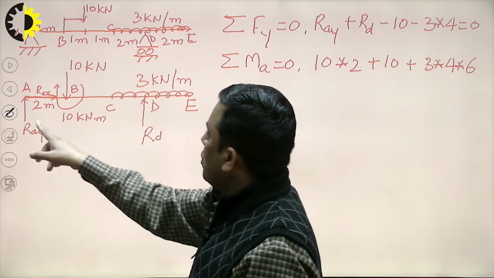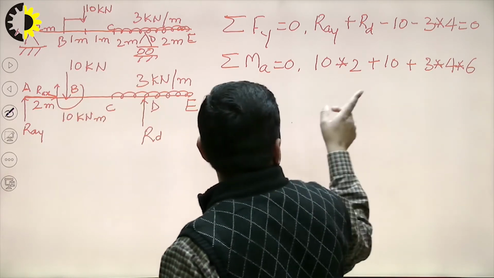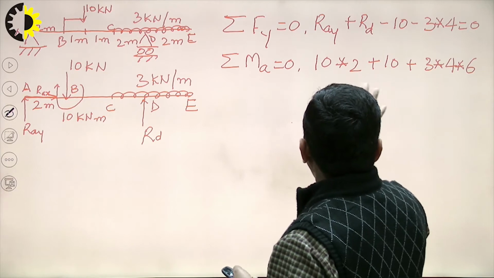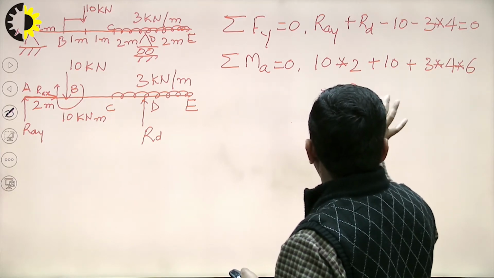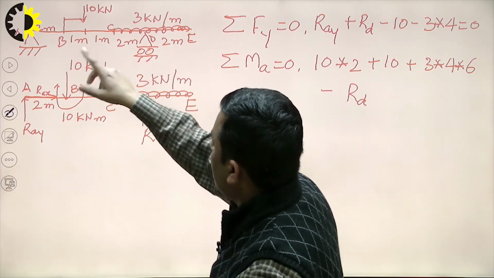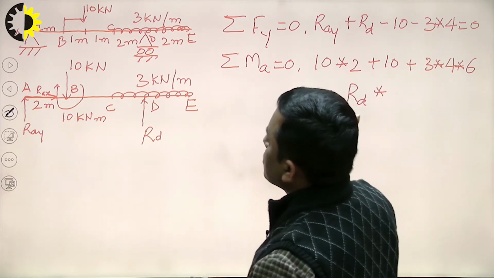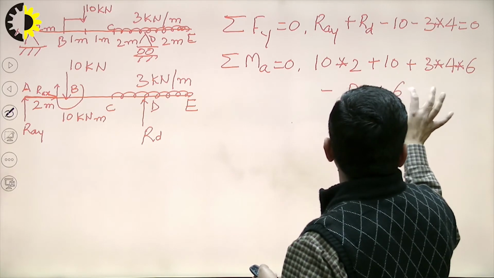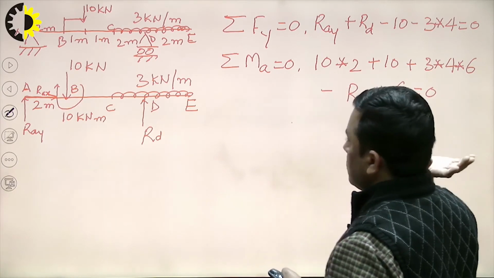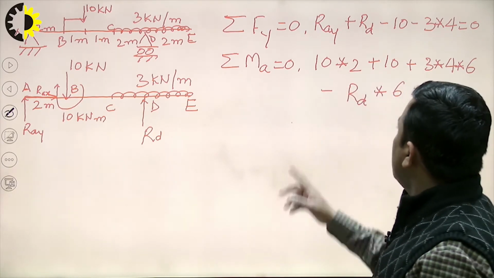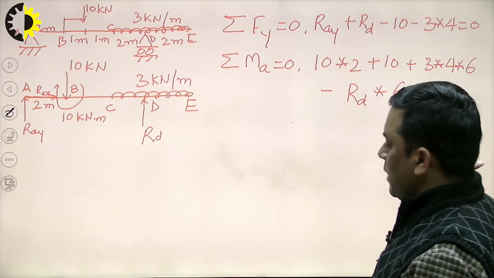The rotational tendency because of all these is the same, so positive is taken. Minus, another force is there, which is RD, which has an opposite tendency of rotation. Minus RD into how much? RD into 6 equals to 0. So these are the two equations through which we can find out RAY and RD.